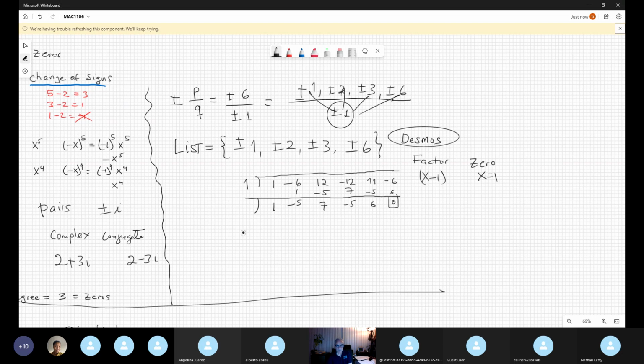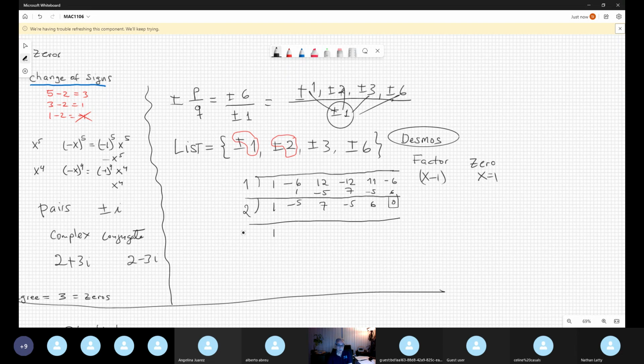One more that I saw in Desmos. So actually I select that guy. Now I select positive 2 because I saw it in Desmos. And positive 2 is here. See what happened. So you get 0 remainder, so it is a factor. If you don't get 0, no factor.